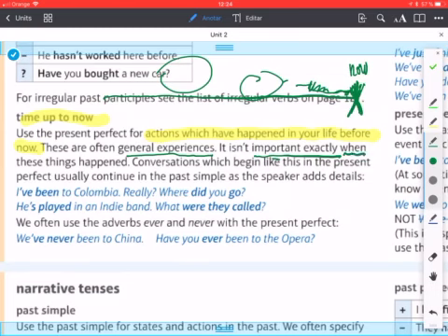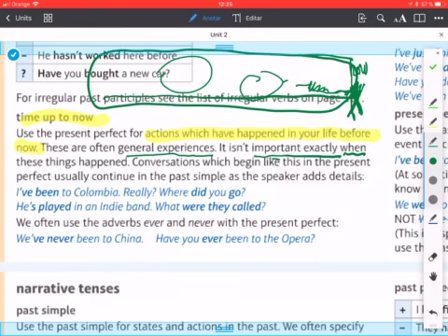Okay? So let's look at an example. Have you ever worked in the tourist industry? Have you ever worked? That means in your life, from the moment you started working, probably up until now, have you worked?